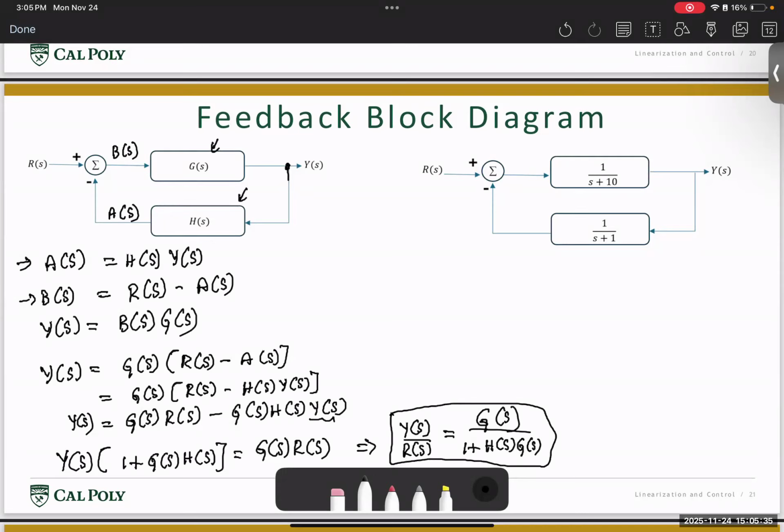Now let's look at a simple example to see how this simplifies the block diagram.